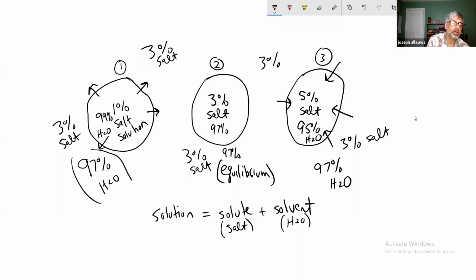So the higher the salt concentration, that's the direction the water is going. See here, the water's going in. This is why you can't put a freshwater fish in salt water. It will die. This is why you can't put a saltwater fish in fresh water. The water will flood its cells, and that's equally as damaging to the cells. So this is good because we're at equilibrium. Water's not going in or out.